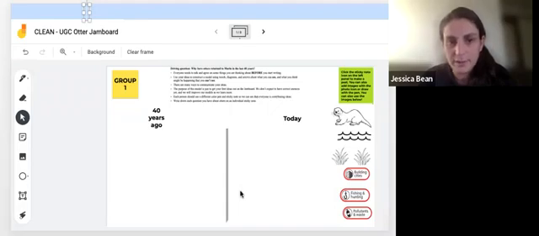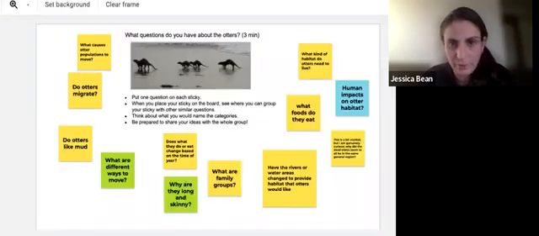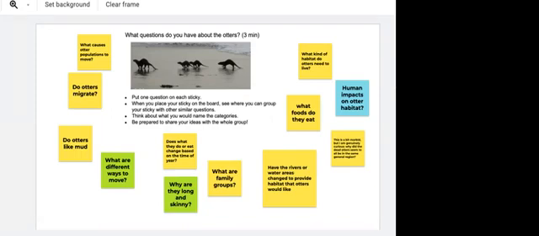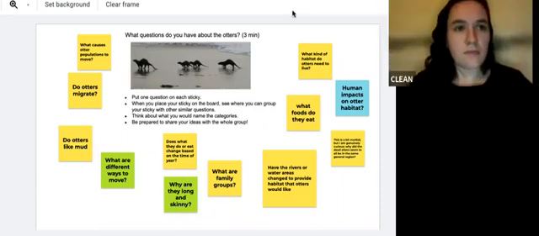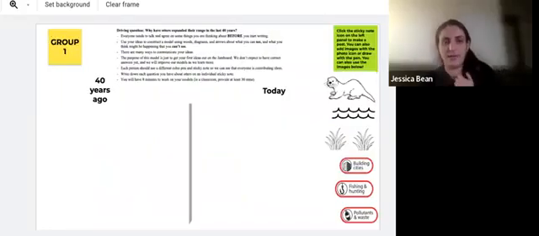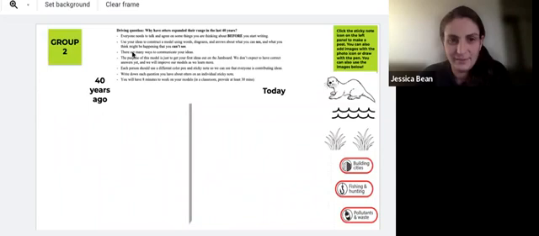So group 1 is going to a breakout room now. And the group here will be group 2. So if you go to the Jamboard, you're going to go to slide 3 to start your model.